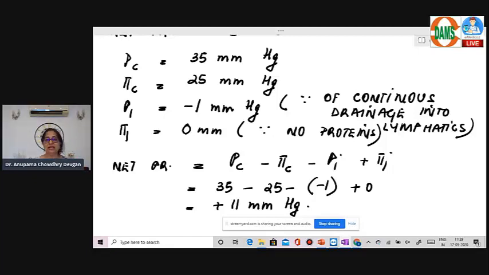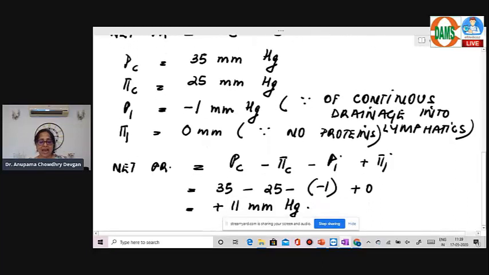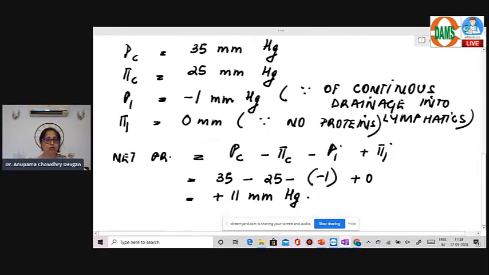Now, these are Starling's forces acting at the tissue level. Remember, any fluid will have a push force and a pull force. Push force is hydrostatic, which means pressure due to a column of liquid. Pull force is colloid osmotic. It pulls the fluid back into the capillary. Similarly, interstitial fluid also has a push and a pull force.